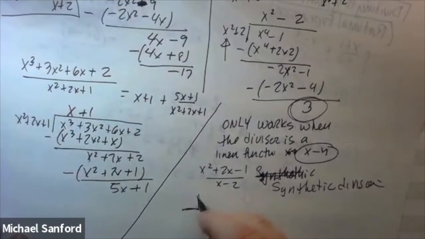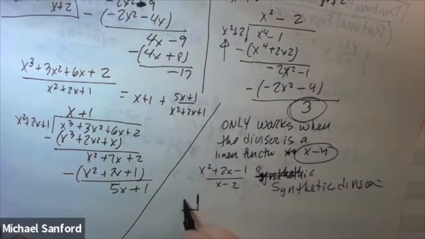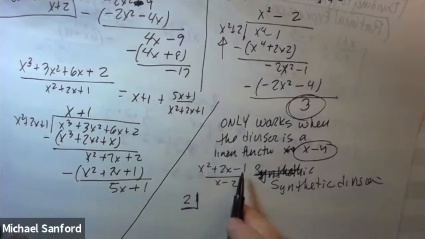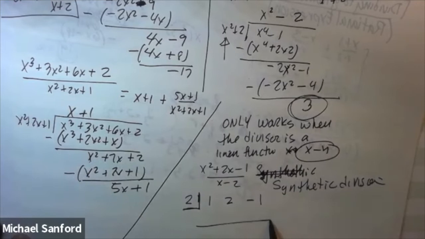You put a little half a square here, and you take this number and plug it in. Or think of it this way: whatever the sign is here, you make it the opposite. So since that's a negative, we put a positive here. Now you write down all the coefficients. So you have 1, 2, -1, like that.